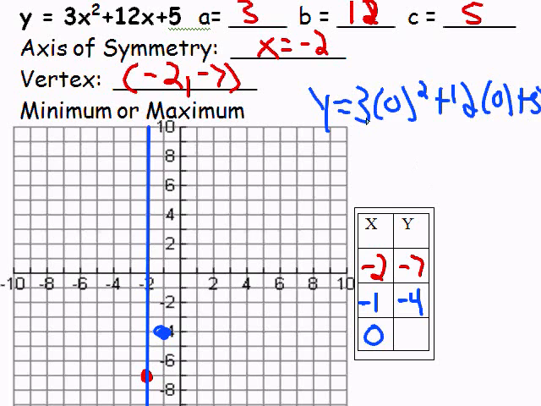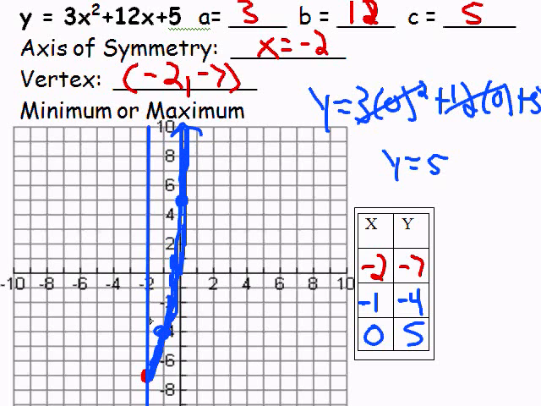And 0 squared is just 0, times 3 is 0, plus 12 times 0 is 0, which means y is equal to 5. So we get 0, 5 as our last value. Now if you try to connect those, you're going to end up with just part of a parabola, half of it actually, and that's really poorly drawn, but it should give us half of a U-like shape.